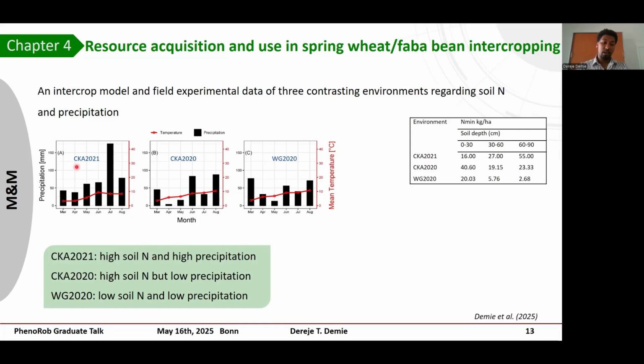For example, Campus Klein Altendorf 2021 is characterized by higher rainfall and high nitrogen, while Campus Klein Altendorf 2020 was characterized by high nitrogen but lower precipitation. And Wiesengut, which is an organically managed field experiment, is characterized by lower precipitation and lower initial soil nitrogen.